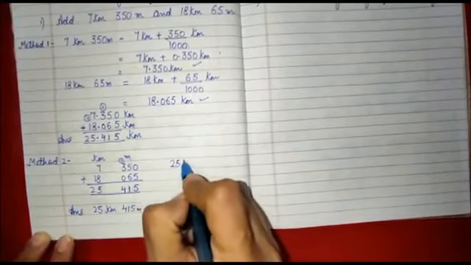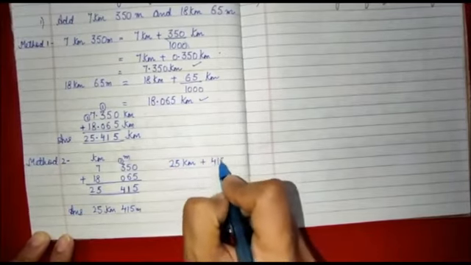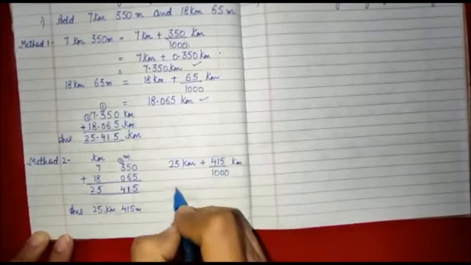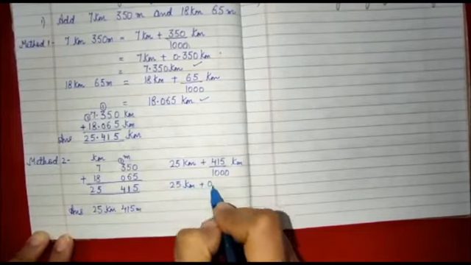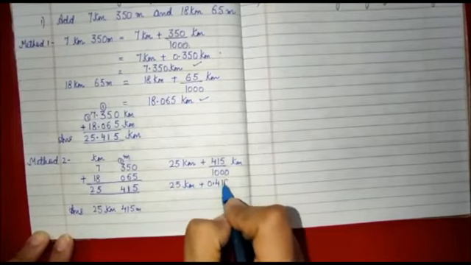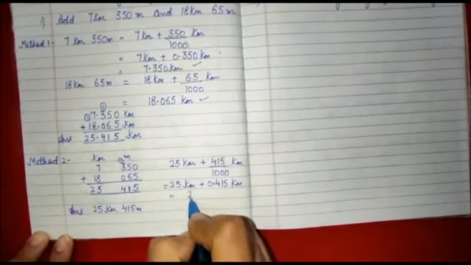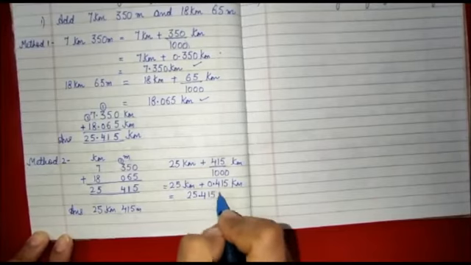You can see, so this is 25 kilometer. So I am going to divide 415 by 1000 to make it kilometer. So this can be written as 25 kilometer plus 0.415 kilometer. And finally I have 25.415 kilometer.